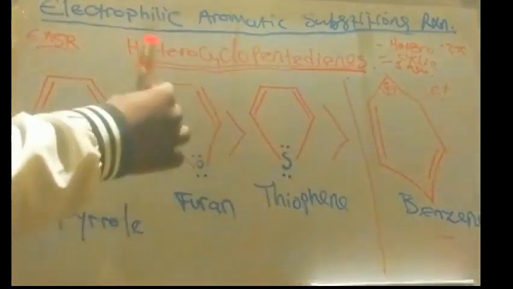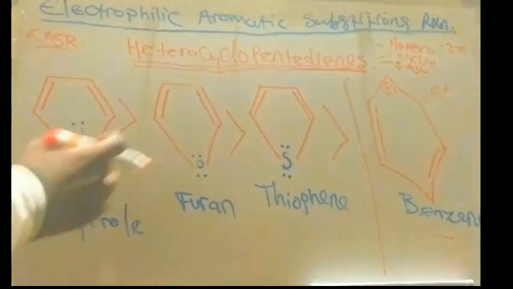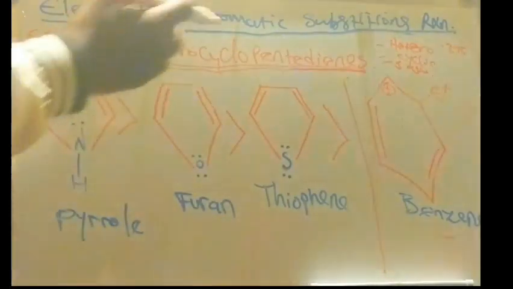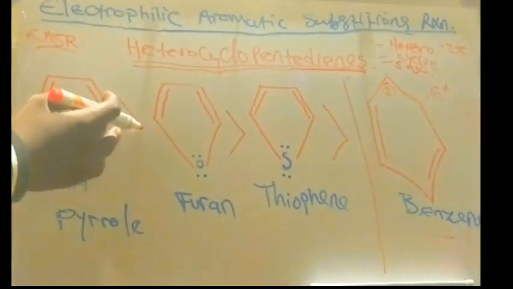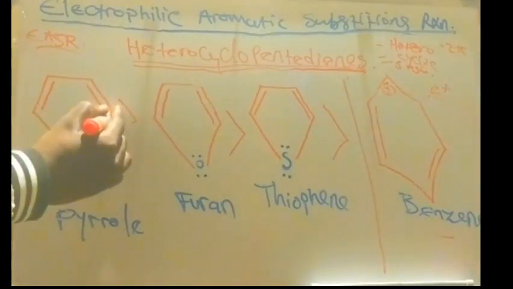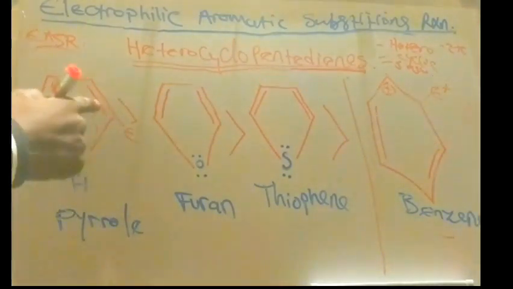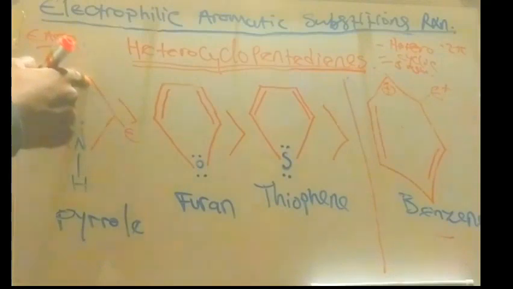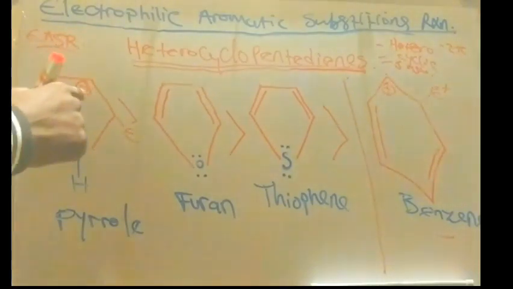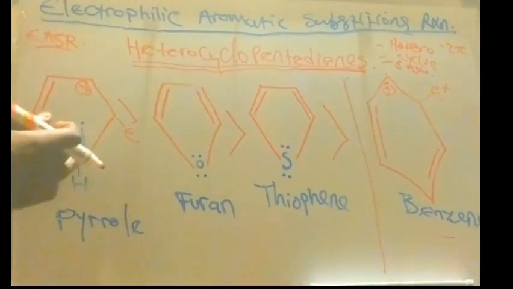But if we try to do the same thing to these heterocyclopentadienes, of which I'll pick one, I'll use pyrrole. So if we try to attach an electrophile to pyrrole on this carbon right here, we discover that the intermediate produced, after this bond breaks, is able to be stabilized by the heteroatom.